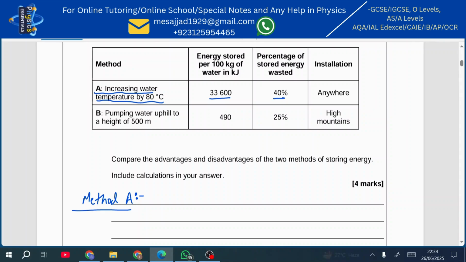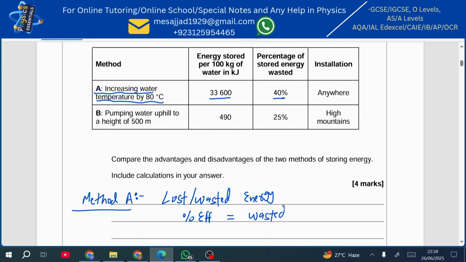So if I want to calculate the lost or wasted energy, then I need to apply the percentage efficiency formula, and that is equal to wasted divided by total into 100. Why? Because the efficiency formula is output over input, or you can say the given divided by the total.